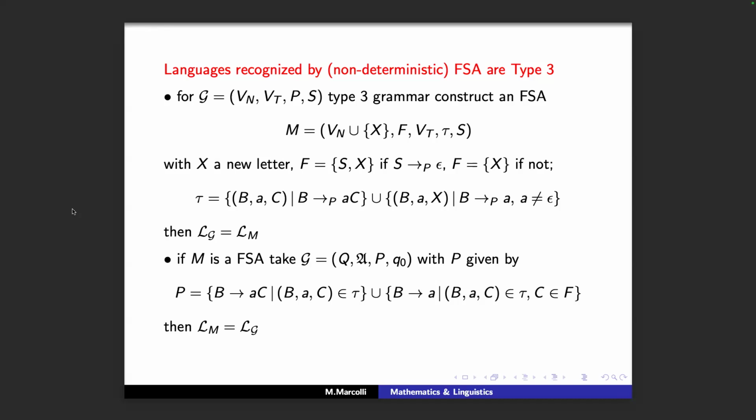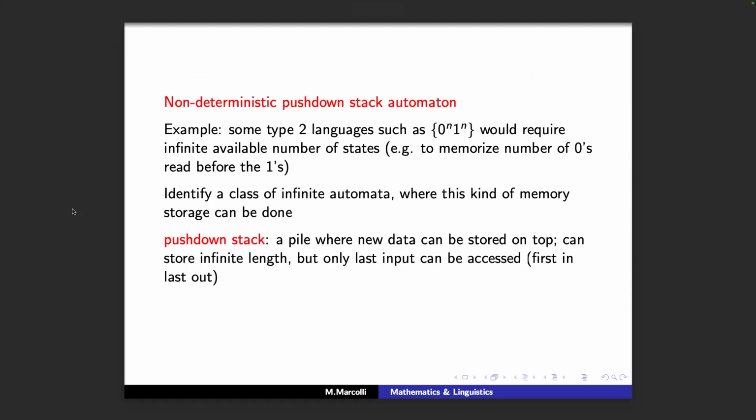And then this is the finite state automaton that realizes it. And conversely, of course, if you have a finite state automaton, you just read off the arrows and you use the arrows as your production rules. And you get a type 3.